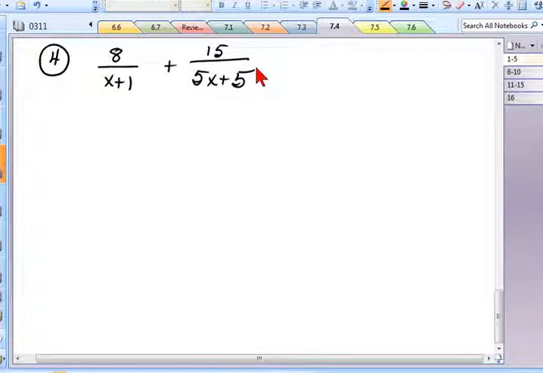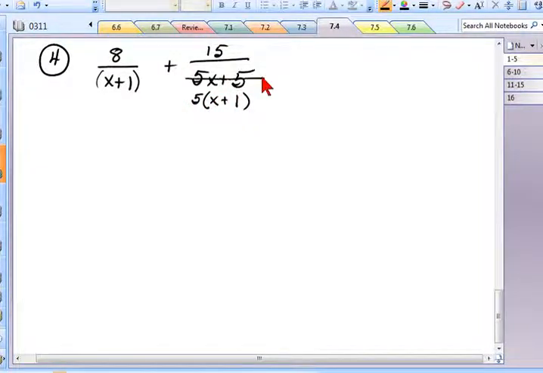They are binomials. Can I factor the denominator of the first one? No. Can I factor the denominator of the second one? Yes. Do you see a common factor of 5? So that's 5 times x plus 1.